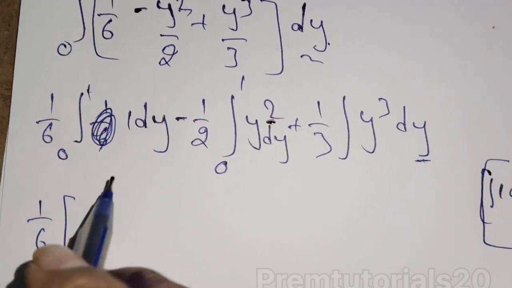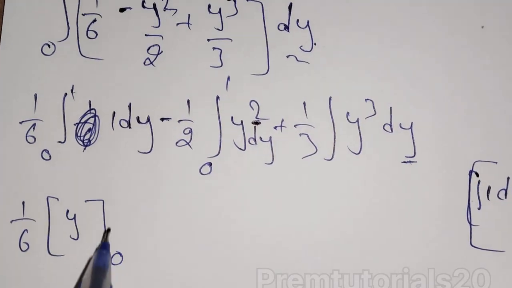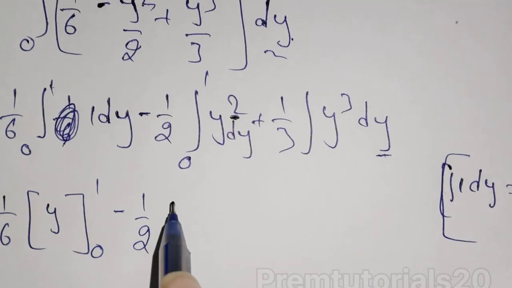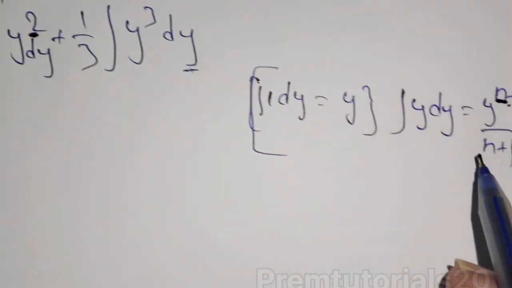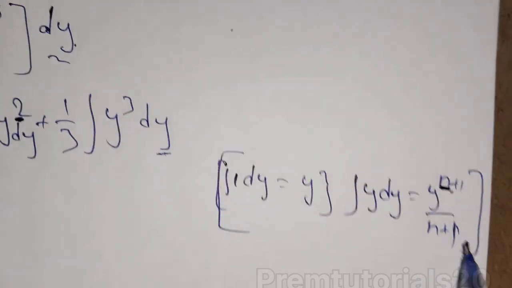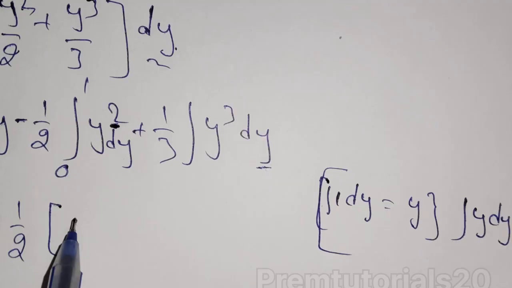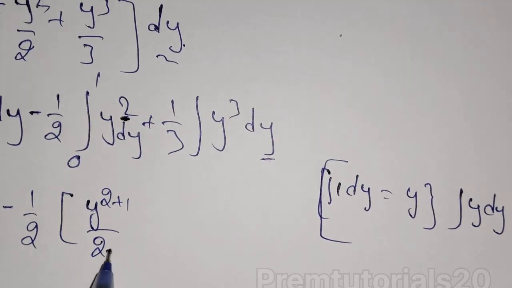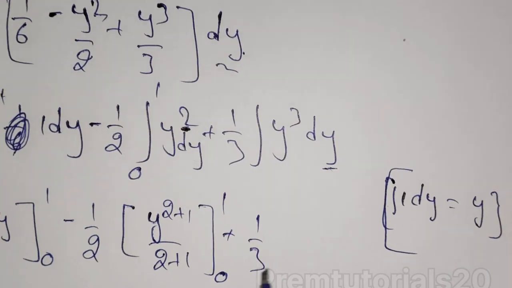1 by 6, what we get? y between the limits 0 to 1, minus the constant term written as constant. What we get here? For y square, integral y dy equals y to the power of n plus 1 by n plus 1. In the place of n we replace with 2. Now what is the formula we get? y to the power of 2 plus 1 by 2 plus 1 between the limits 0 to 1, plus 1 by 3.